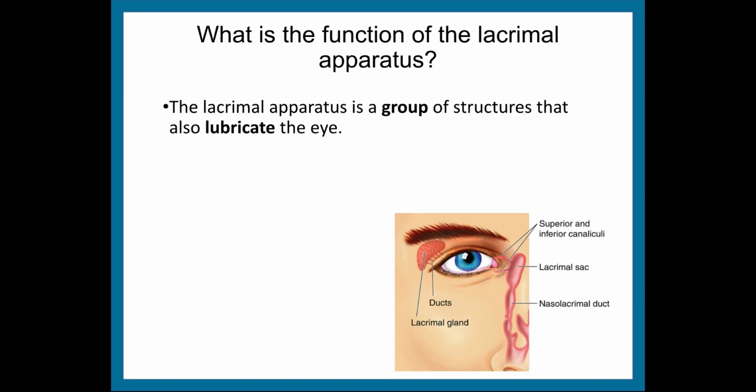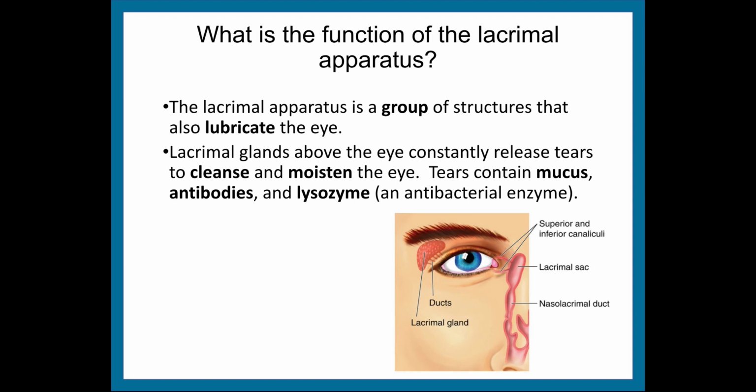parts. All right, there's something called the lacrimal apparatus, and it's actually a group of structures that are responsible for lubricating the eye. That's their function, to lubricate the eye. One of the structures here is the lacrimal gland. That's what you see right here. The lacrimal gland is above the eye, and it's constantly releasing tears.